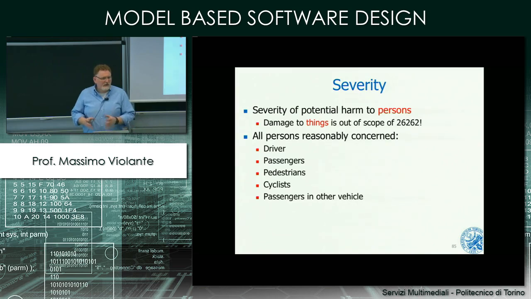We don't care if we have a new scratch on the side of the vehicle. Who cares? What is relevant for us are the persons. The persons could be the driver, the passenger, the pedestrian, the cyclist, the passengers of other vehicles, the driver of other vehicles. Those are the persons that are important for us. Okay?